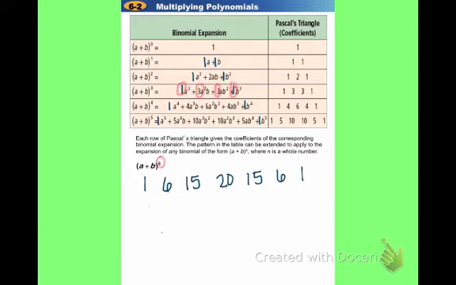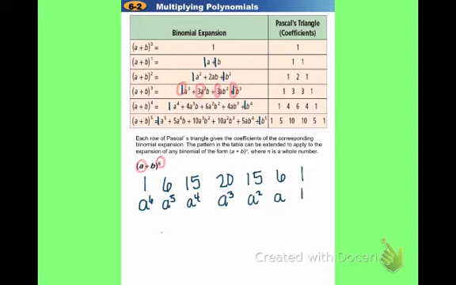And then the way our expansion method works is we take the first term and go in descending order of power starting at the exponent, which is 6. So this next row would be a to the 6th, a to the 5th, a to the 4th, a to the 3rd, a squared, a to the 1st, and a to the 0, which is 1.